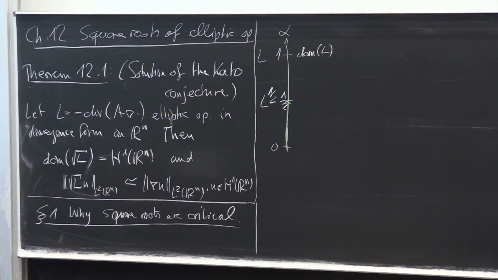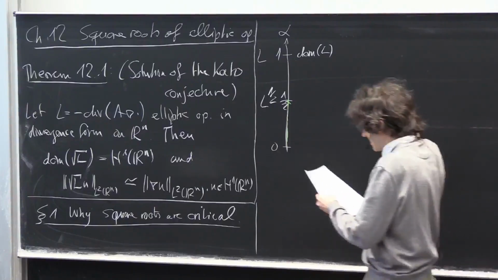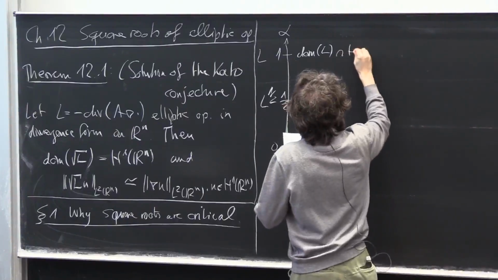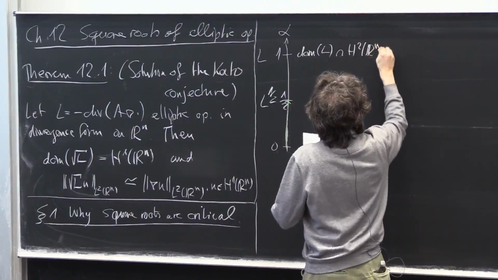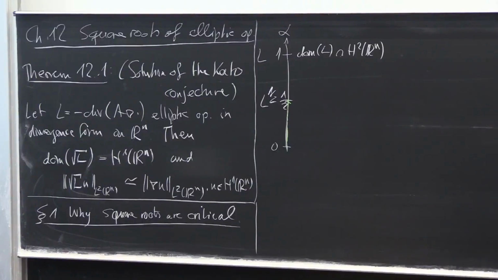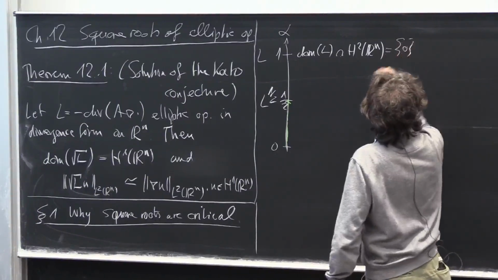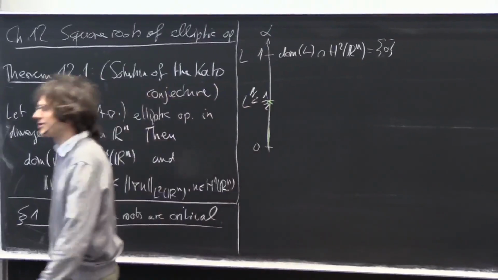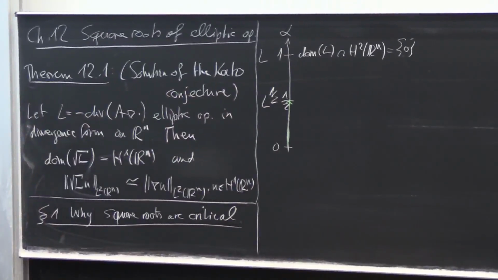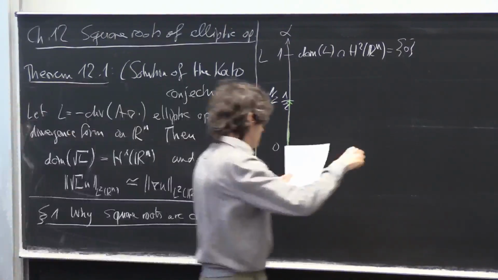And this is completely false. We've even seen an example that it might happen that the intersection of the domain of L and this space H2 is just the zero function. So it drastically is false. This was exercise 4.6.